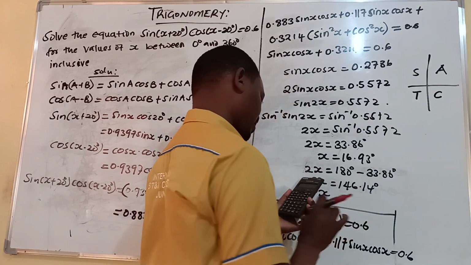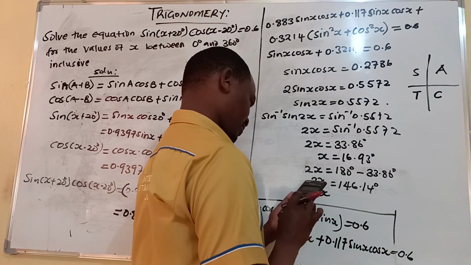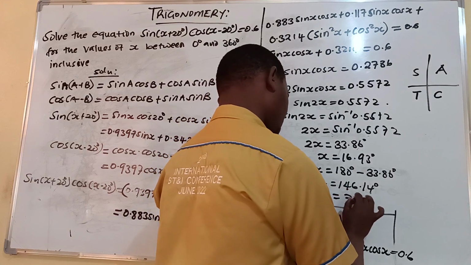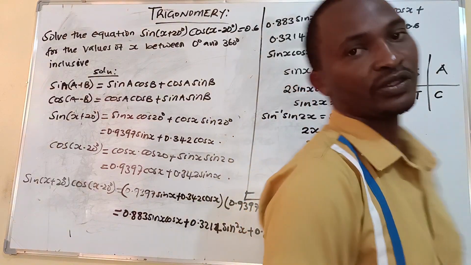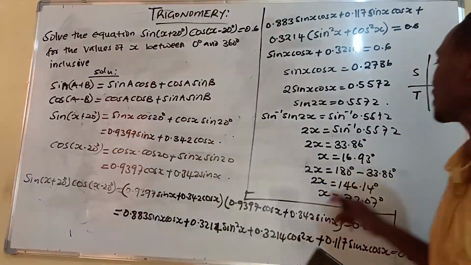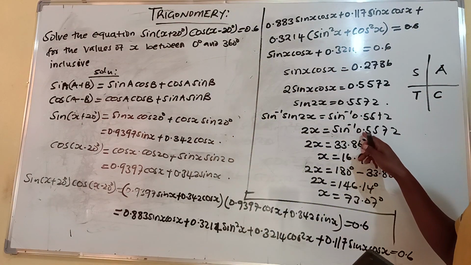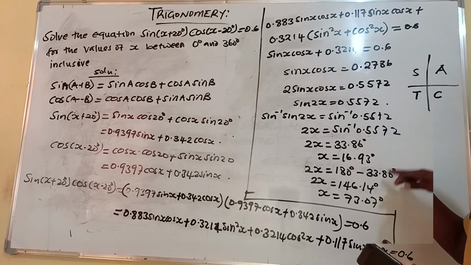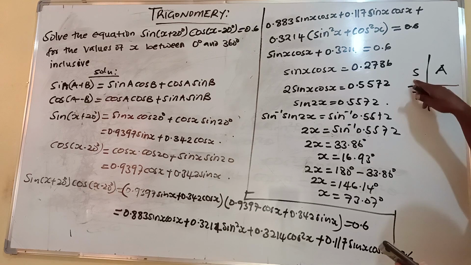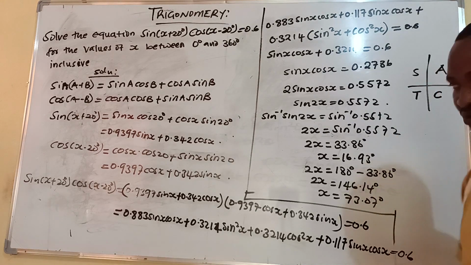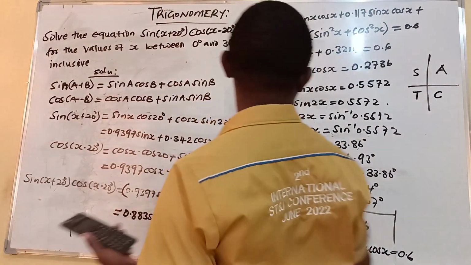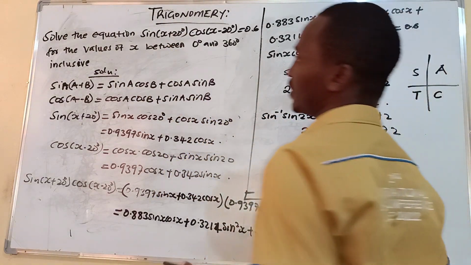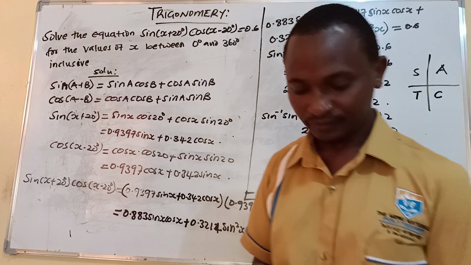Dividing by 2, x is equal to 73.07 degrees. So that's how you solve when you're told inclusive, because here the value of sin was positive. There is an angle in the first or second quadrant whose sine is positive. That's why we are told to solve inclusive. You must get these two angles. Sometimes there will be even more angles depending on the type of question.